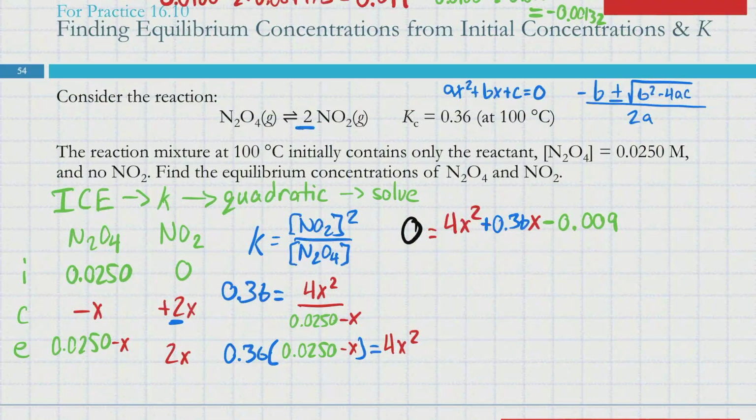So there's our quadratic. And then we can solve our quadratic.